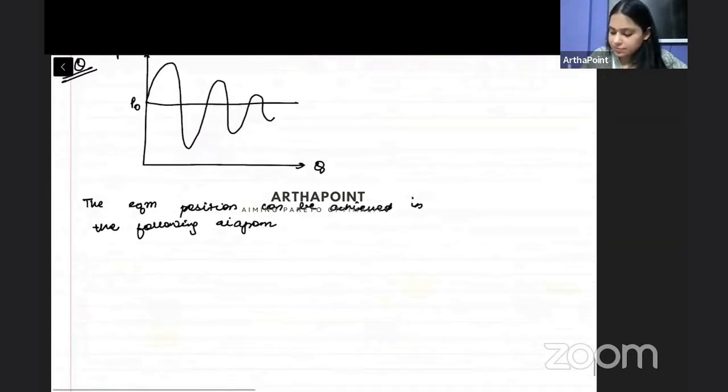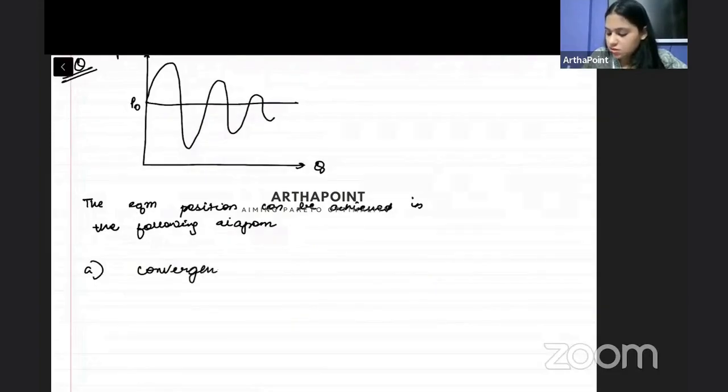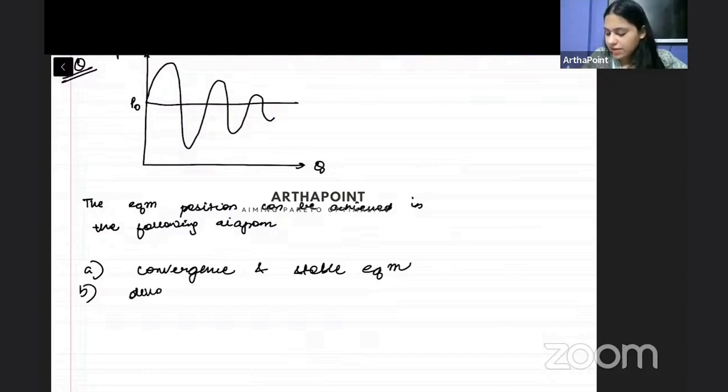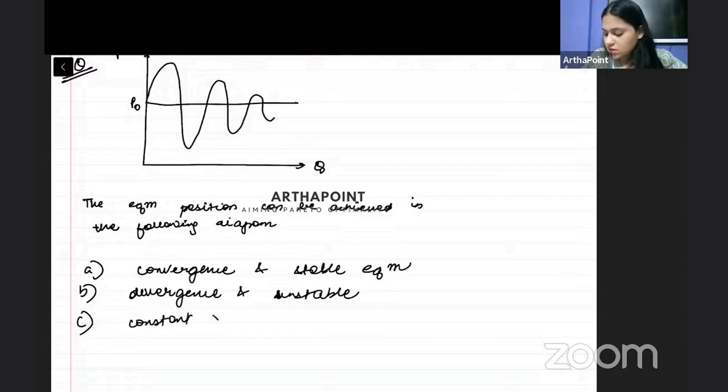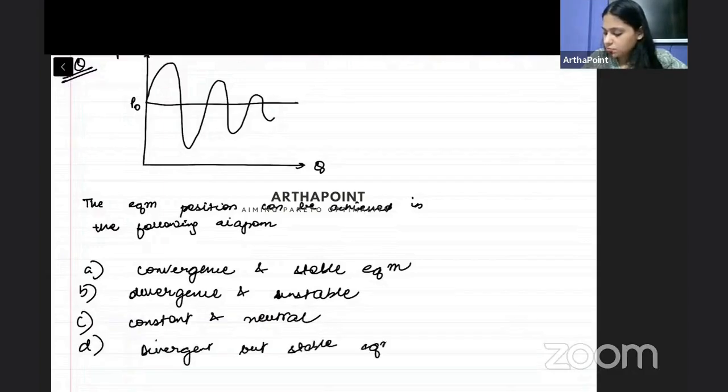Option number A, convergence and stable equilibrium. Option number B, divergence and unstable equilibrium. Option number C, constant and neutral equilibrium. Option number D, divergent but stable equilibrium. Try to think about it.